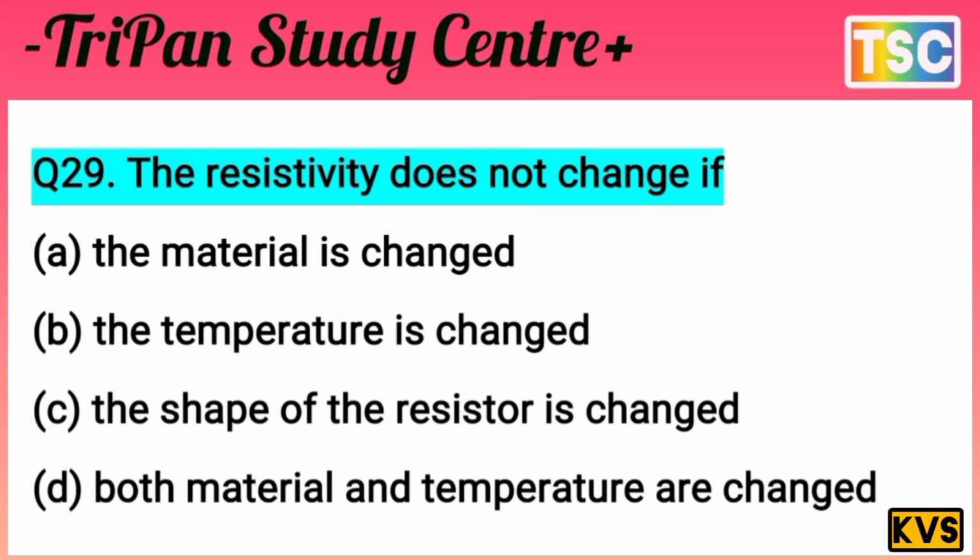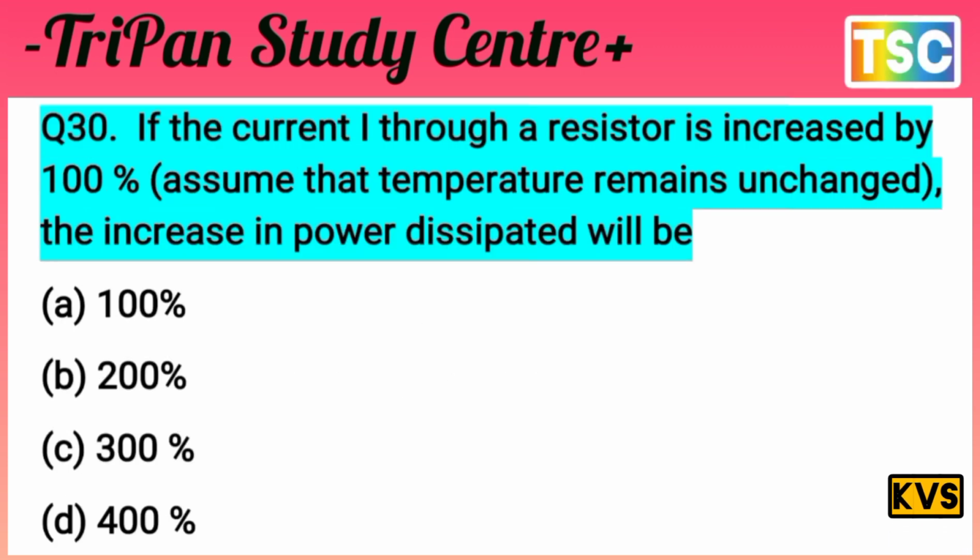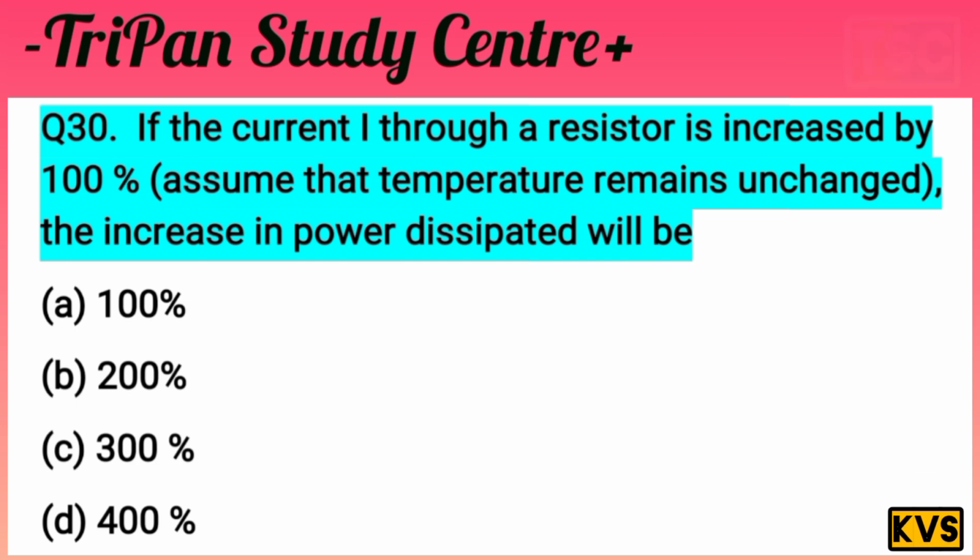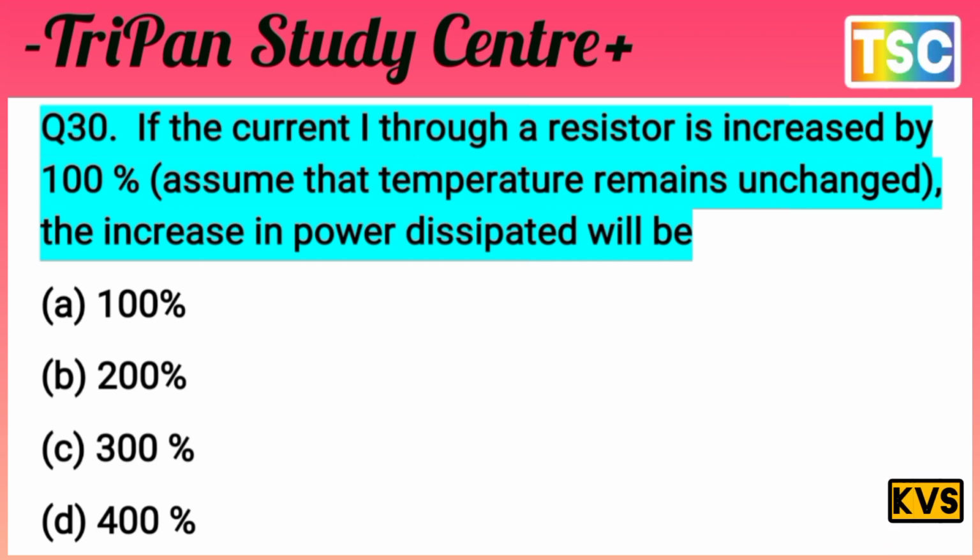Let's see the next question. If the current I through a resistor is increased by 100%, assume that the temperature remains unchanged. The increase in power dissipated will be: A, 100%; B, 200%; C, 300%; D, 400%.